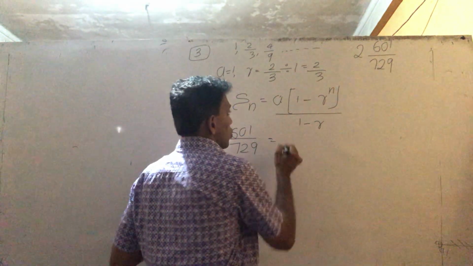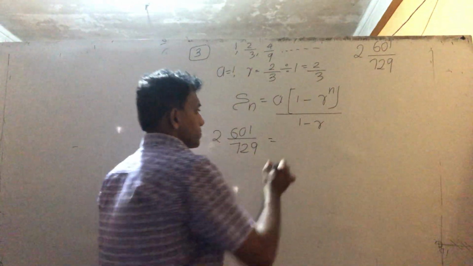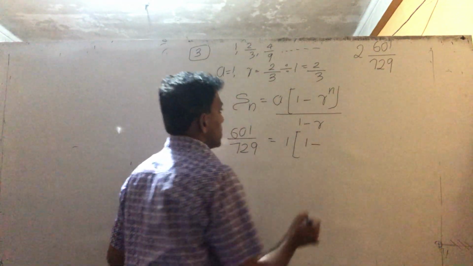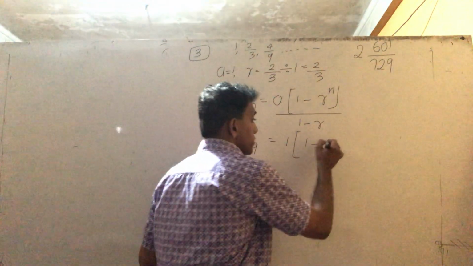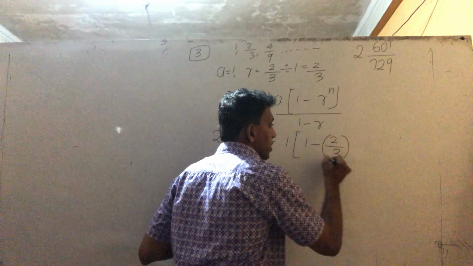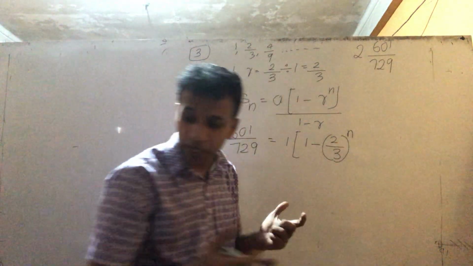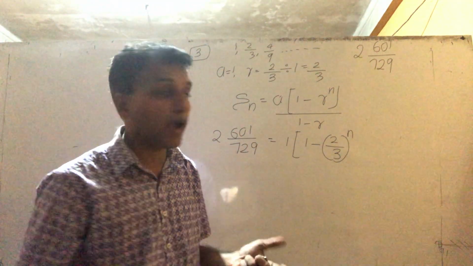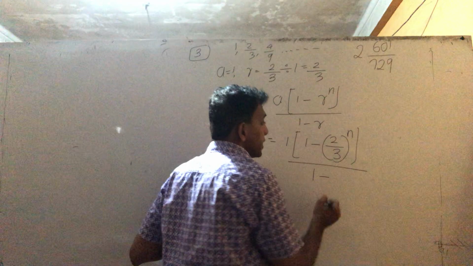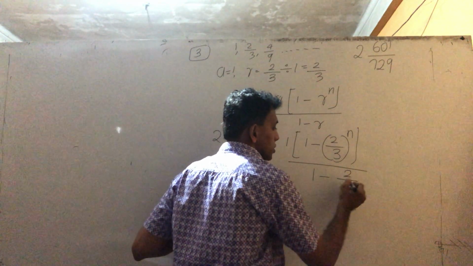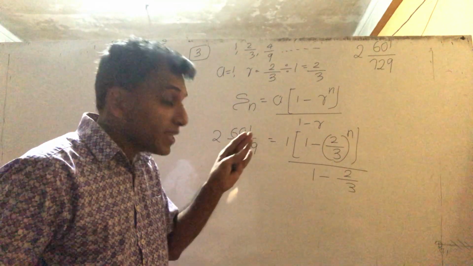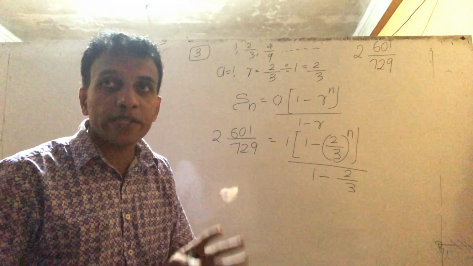That equals, what is a? a is 1, times 1 minus r, which is 2/3, to the power n. n is missing. We don't know n. You have to calculate the n value. Over 1 minus 2/3. After this, substitute here. Then the important part is how to get the answer.